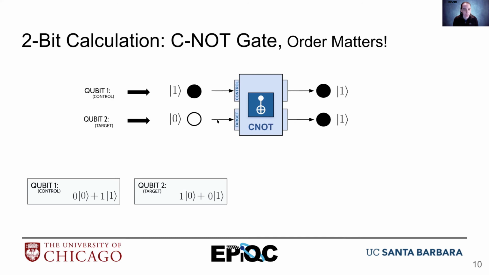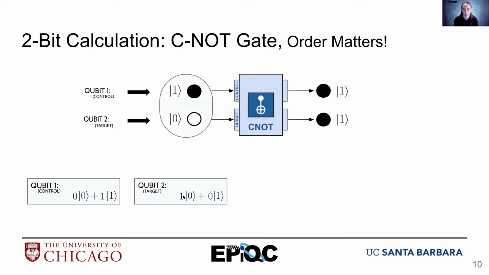Now, what's important here is that regardless of whether the control is depicted on the top or the bottom, control always has to be qubit 1. So here, the control bit is black, and so that's 100% probability of measuring 1, and the target is white, which is 100% probability of measuring a 0.